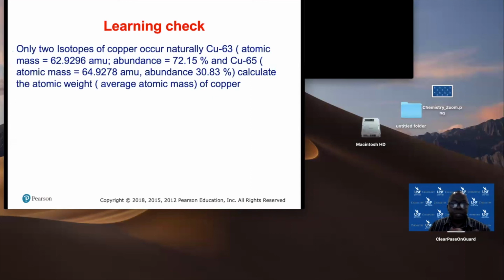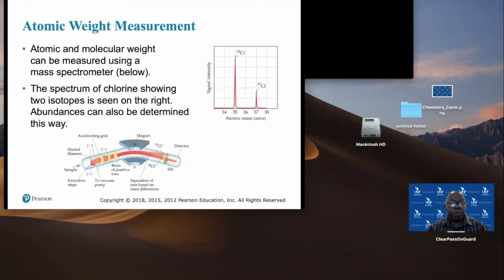If it's 100.001, it's okay. If it is 99.99, it's okay. If you are not given the percent of one isotope, you have to do the math and then do the calculation. So that's what you will need to do for calculation of the atomic weight of an element.